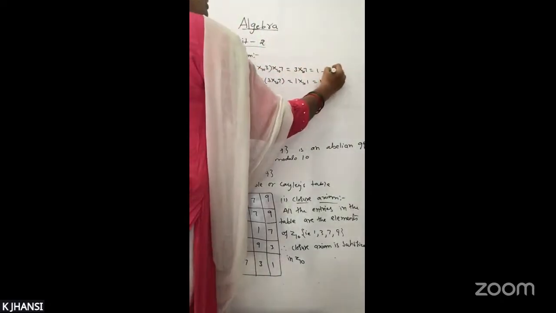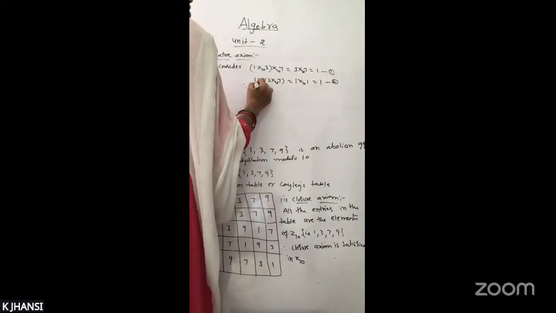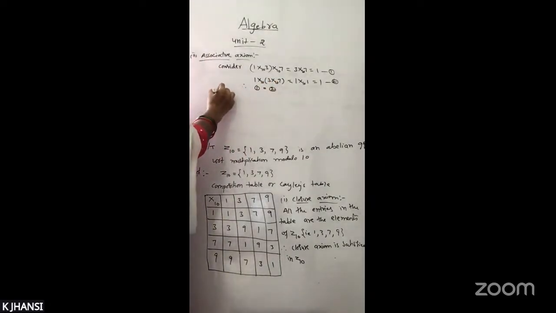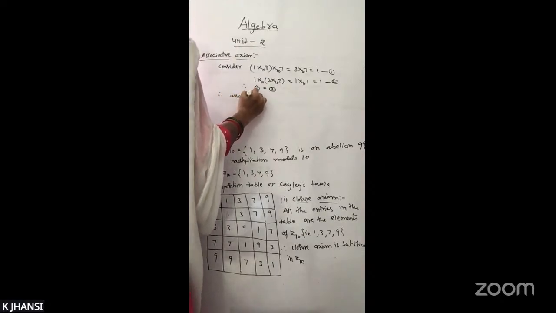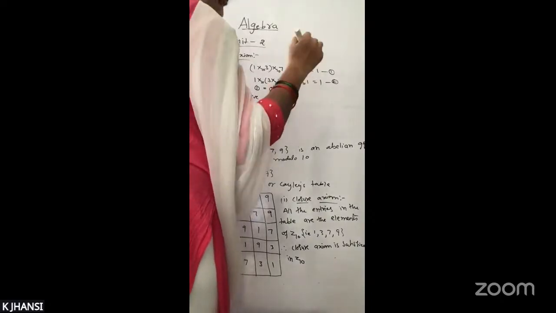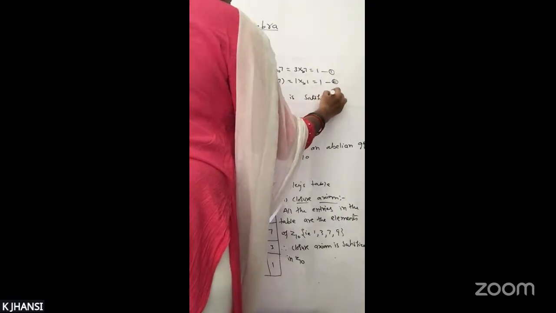So 1 is equal to 1. Therefore, the associative axiom is satisfied in Zn.